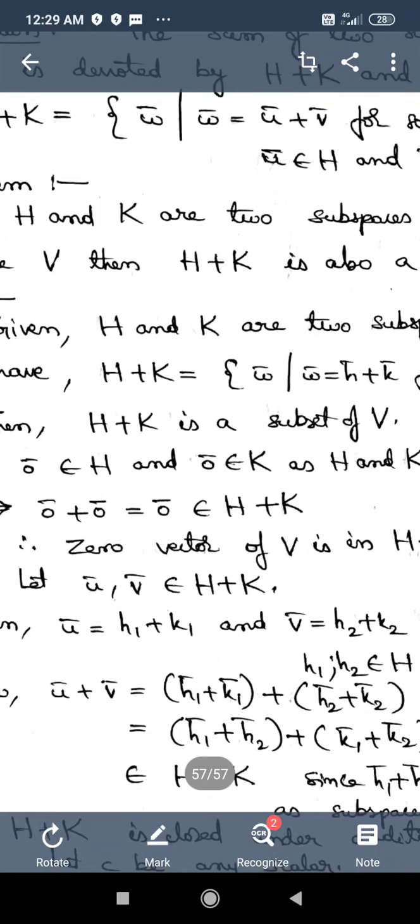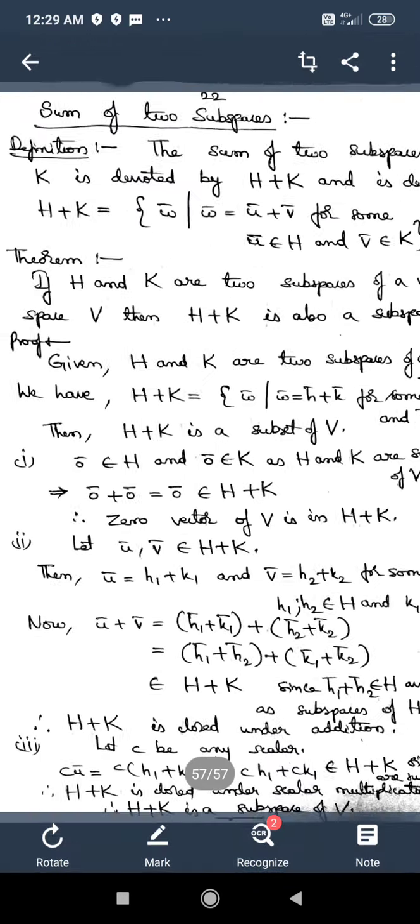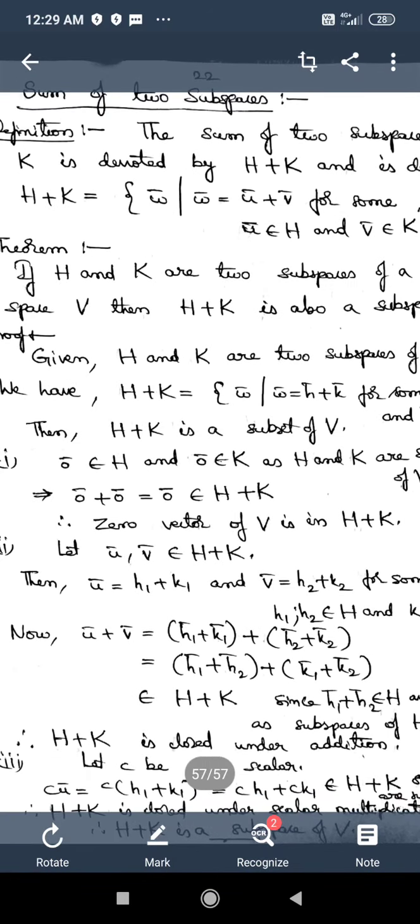That is again the 0 vector 0 bar itself. And that is how the 0 vector of V is in the set H plus K.